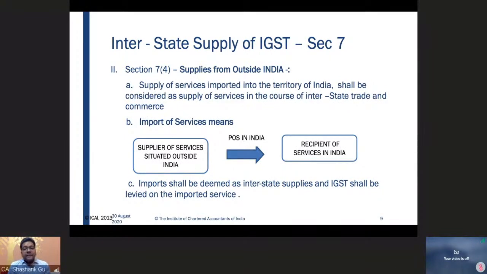Imports shall be deemed as interstate supplies and IGST shall be levied on the imported service. How do we determine where the supplier of service is? How do we determine where the recipient of service is? How do we determine the place of supply? This we will discuss in great detail once we move on to the place of supply discussion.